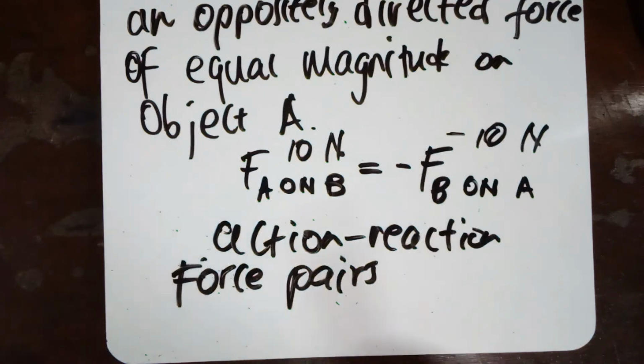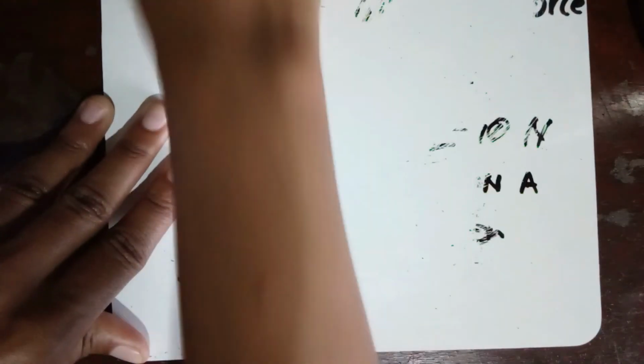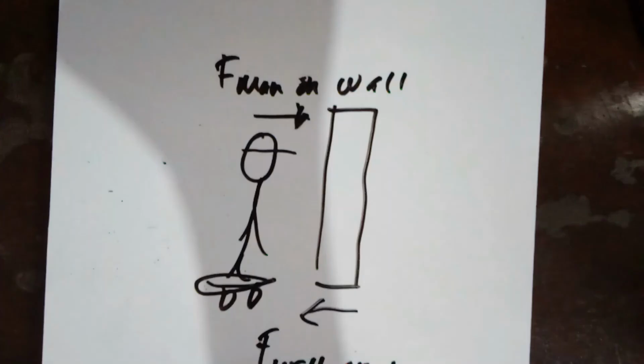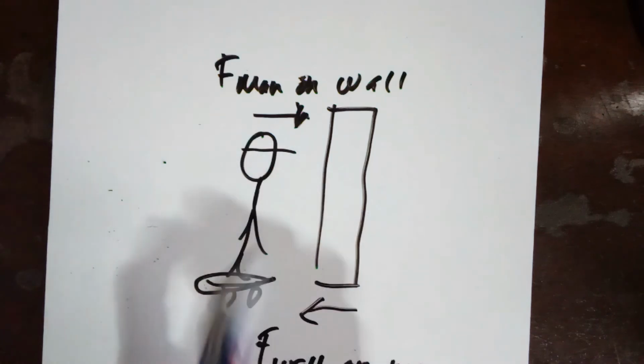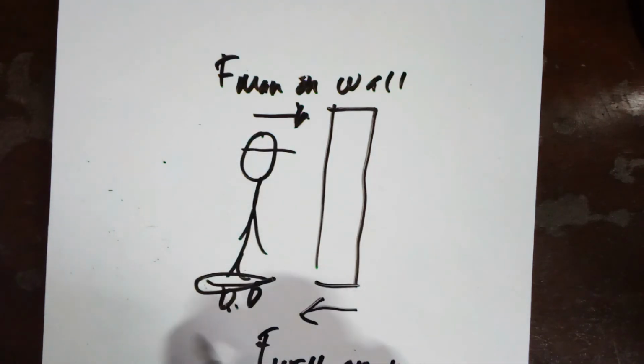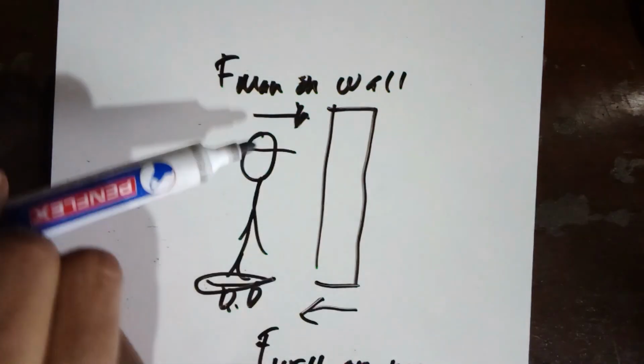So we can make an example about an action-reaction pair force. Imagine there you are on your skateboard, and you exert a force on the wall.